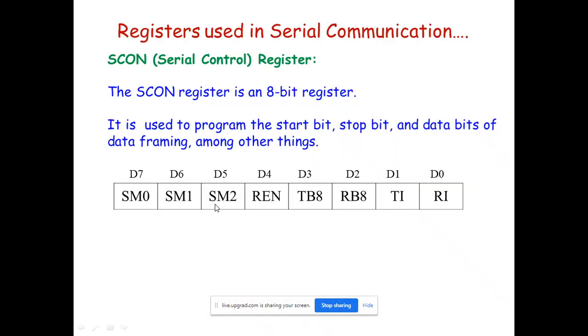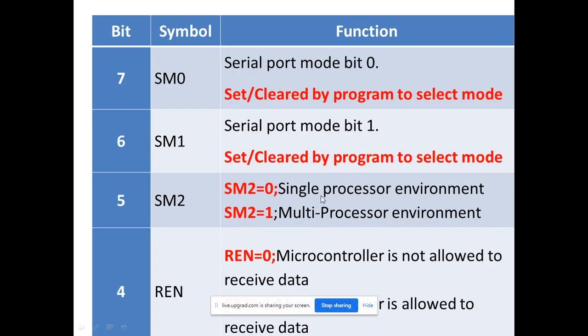Now the next bit is SM2. What is SM2 for? It depends on whether there is only one controller or a number of controllers. For example, if there is only one controller, that is a single processor environment, and the value of SM2 is equal to 0. SM2 equal to 1 means a multiprocessor environment.